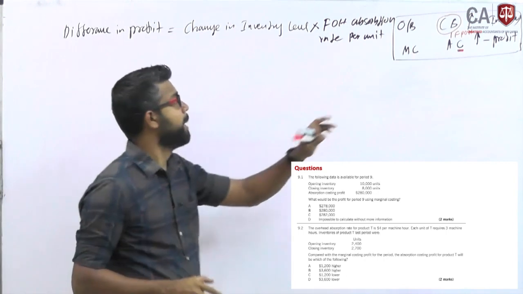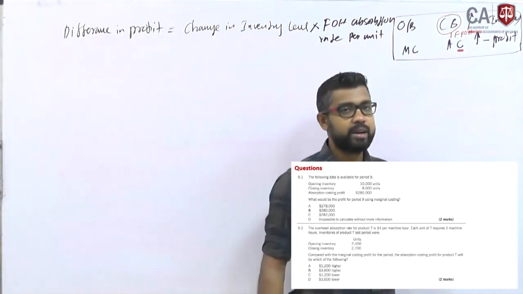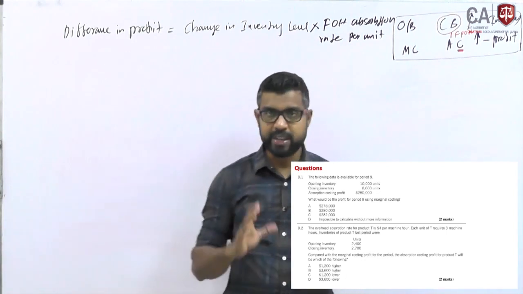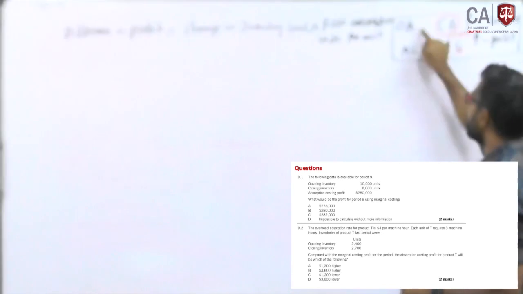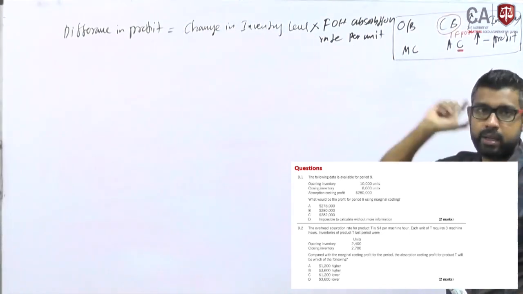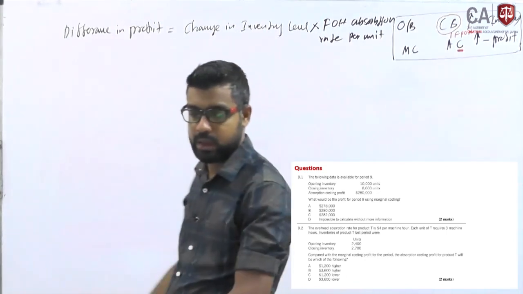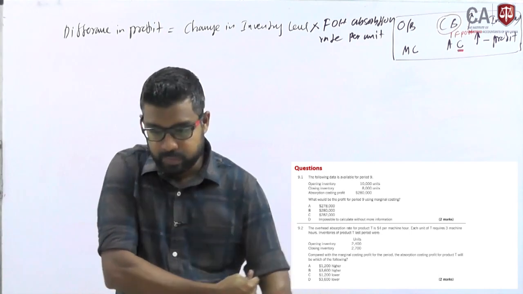Profit difference means the difference between profit under marginal costing and profit under absorption costing. Difference is this, because of this activity level change, opening to closing, into the fixed production absorption rate per unit. Right? Fine. Now apply numbers.